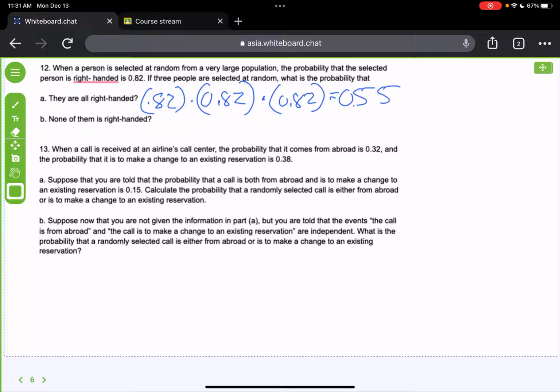Okay, so now what's the probability that none of them are right-handed? Well, that's not going to be very high. That's going to be 0.18 times 0.18, because that's just the complement of them being right-handed, right?